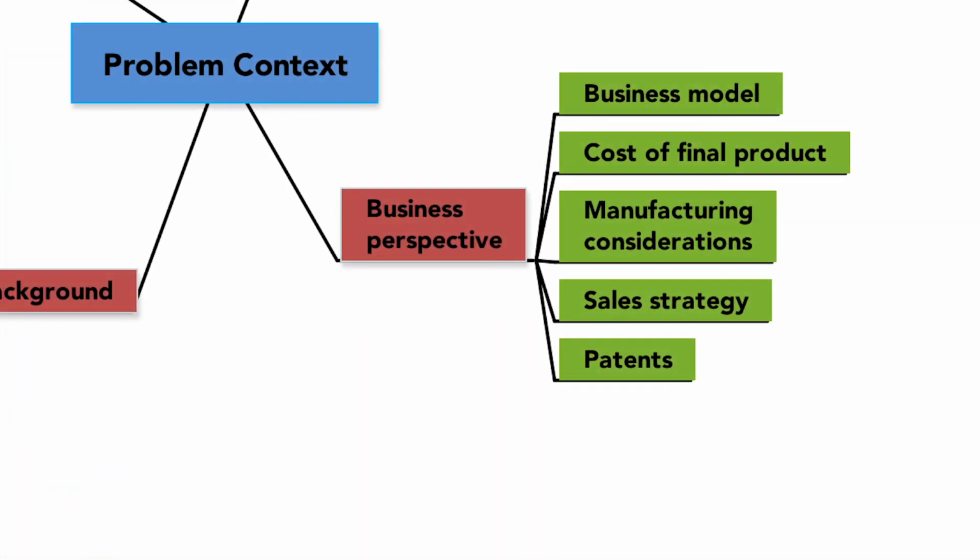The final category of information that we need for our design context review for the design of the water bottle has to do with business concerns, namely answering questions like what business model will we use, what cost structure, what are the manufacturing considerations, how will we sell this water bottle, and what patents do we either need to file for or avoid in the design of our water bottle.